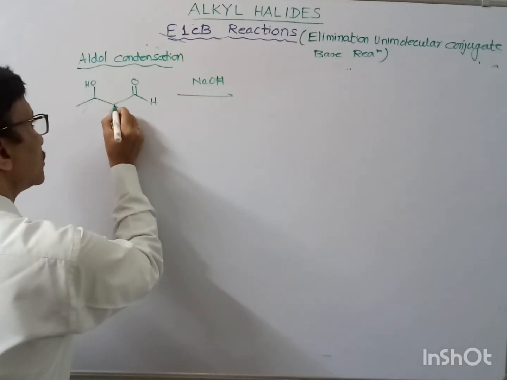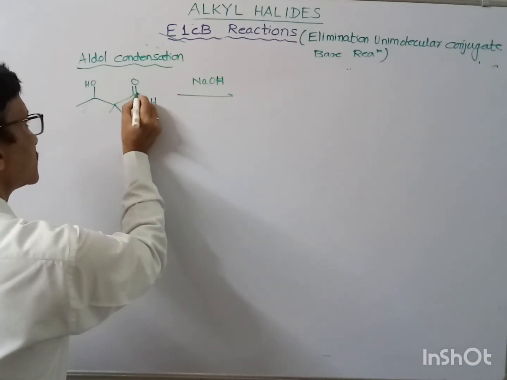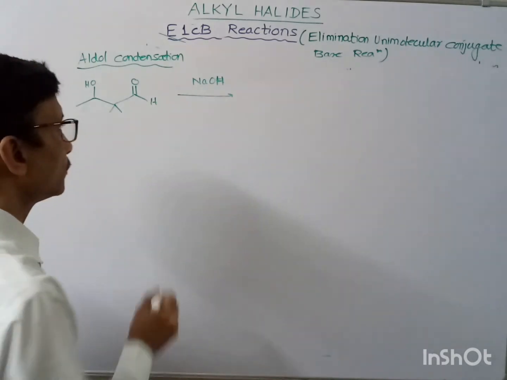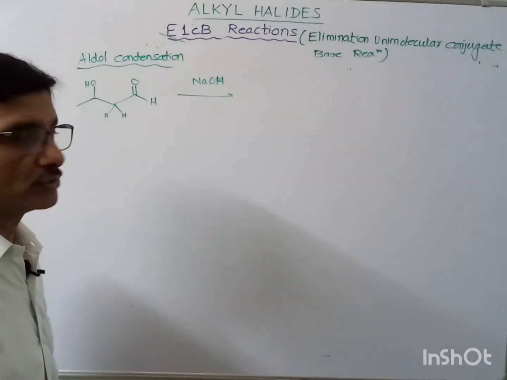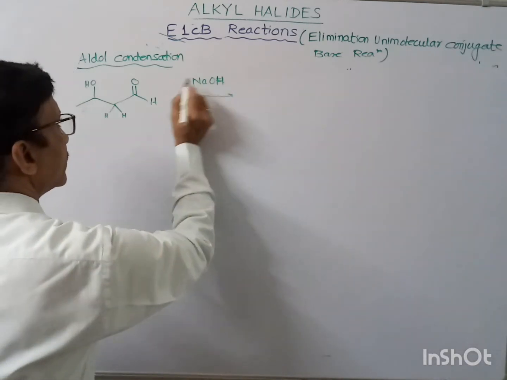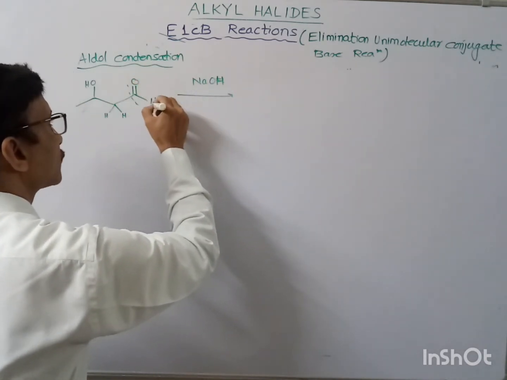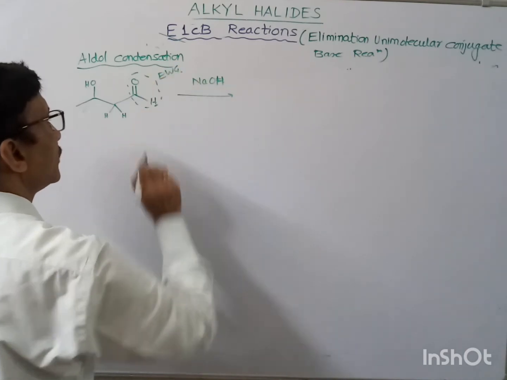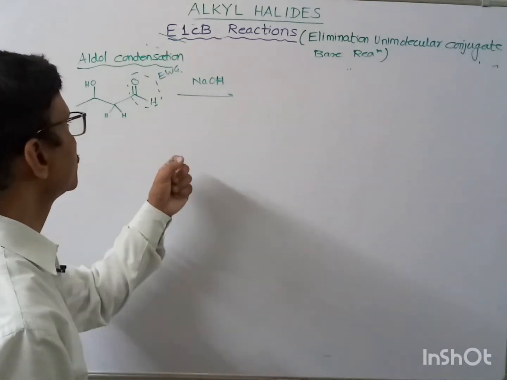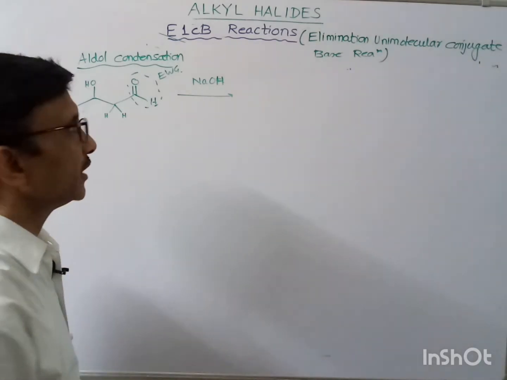So here this hydrogen which is present alpha to this aldehyde group, this is the acidic hydrogen. And the presence of this electron withdrawing group favors the formation of this conjugate base.